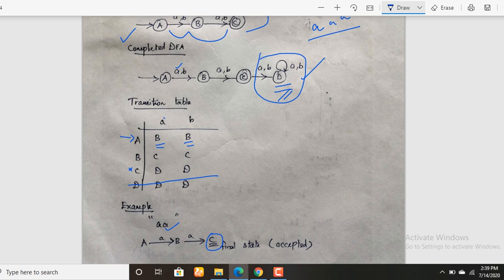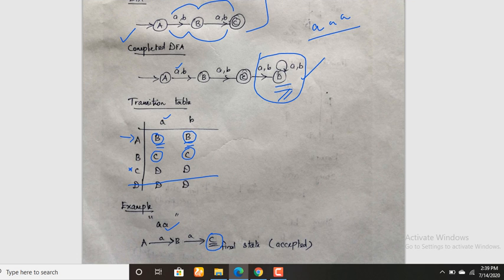For every input symbol, the possible next state is a single state. This is an important property, and I mention it once again because it is one of the differences between DFA and NFA. In an NFA, a single input may go to one or more states. That is possible in a non-deterministic finite automaton, but not in a deterministic one. Only a single state is possible.